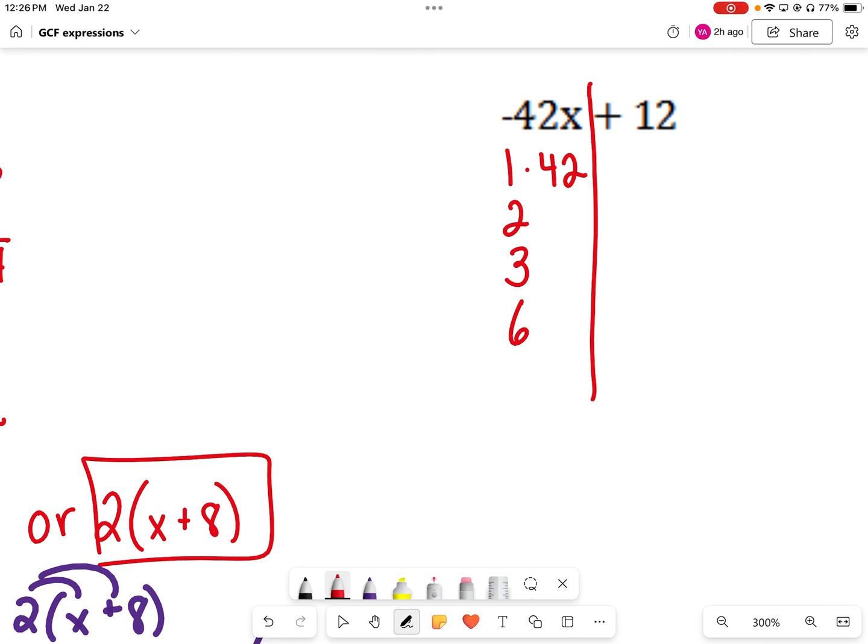So take your calculator and say 42 divided by 2 to get the match. And then do 12.